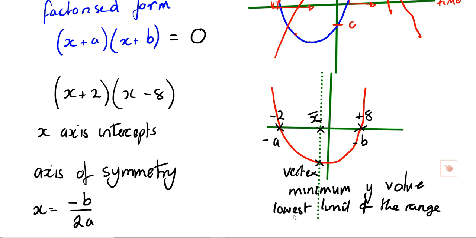Before Nick packs up everything, because I've got a minute and a half to go, I want you to be able to identify using standard form, the factorized form and the axis of symmetry. If I gave you an equation in standard form or factorized form, you should be able to identify how many points on the curve.